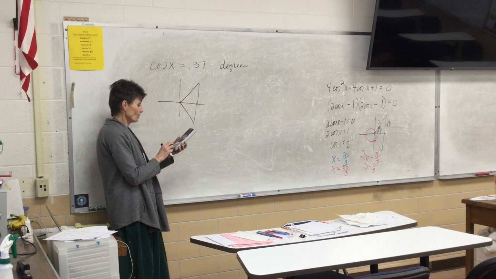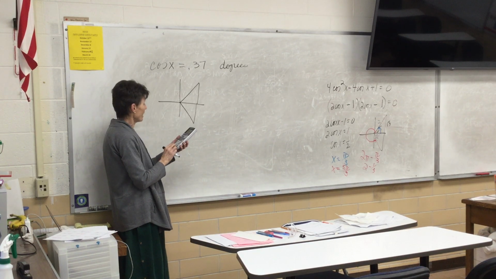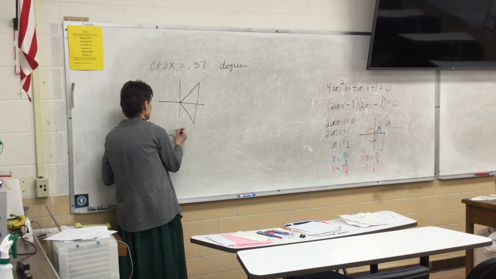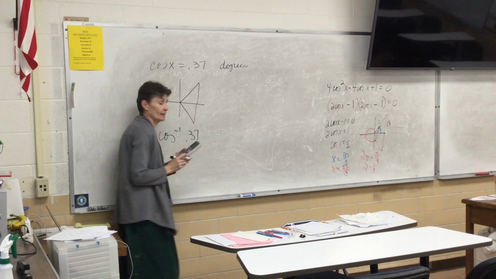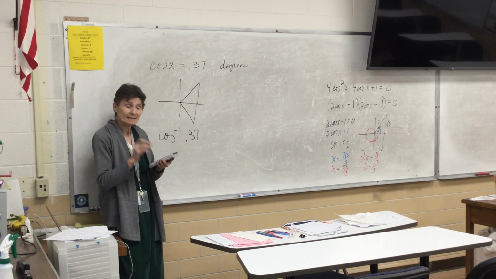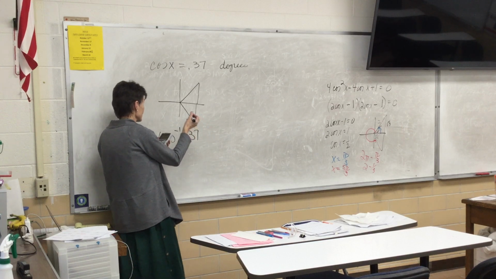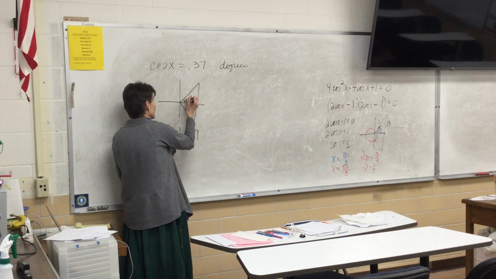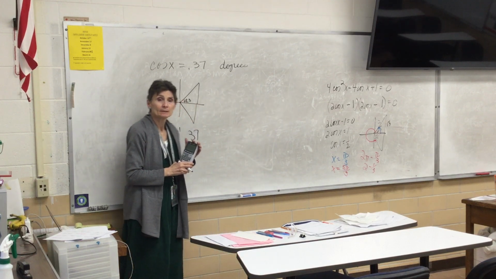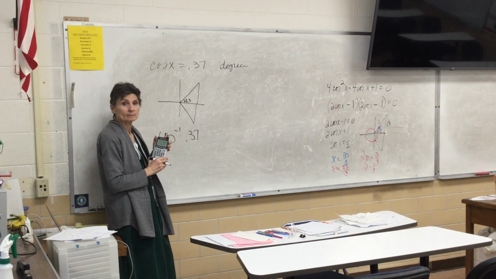And then I'm simply going to second cosine 0.37. So this is the button I'm pressing on my calculator. I'm second cosining 0.37 to find the angle. And the angle is 68.3. I'll just round it off to the nearest 10th. Okay?